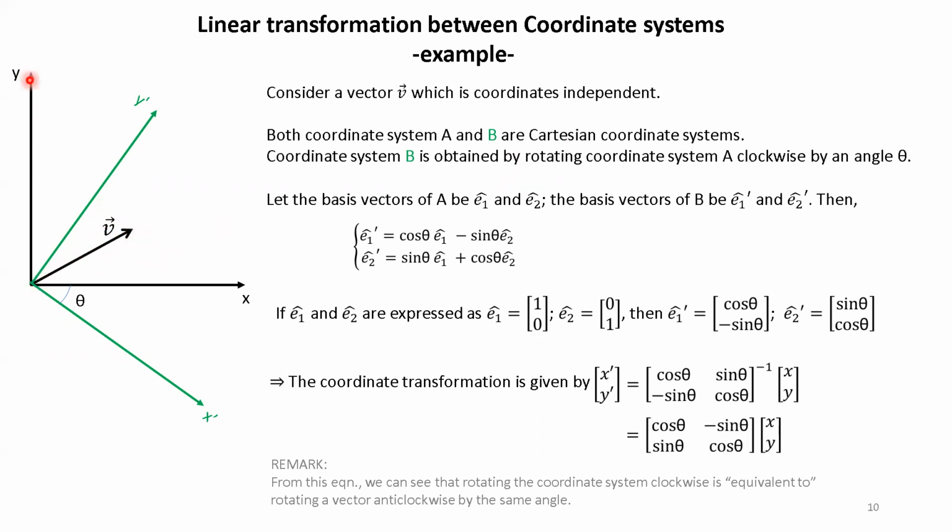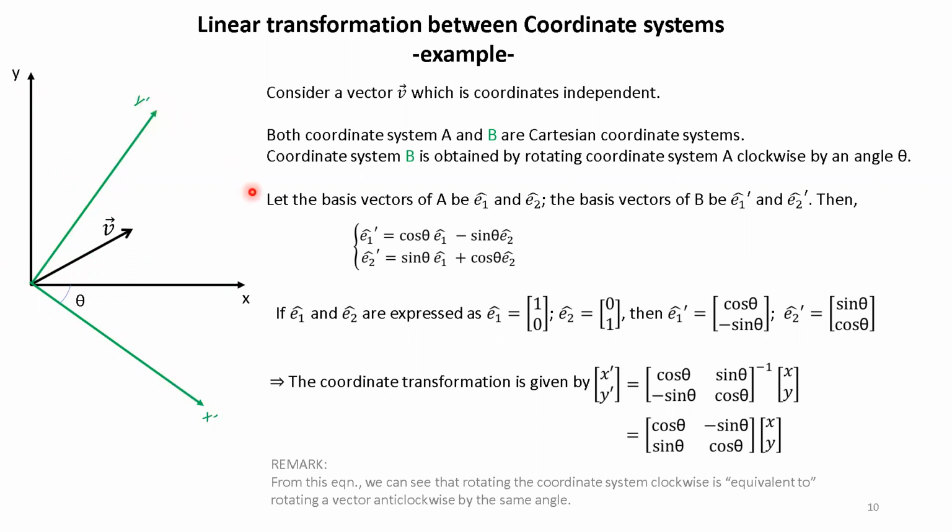This black x and y axis represents the original coordinate system, and then after a clockwise rotation, I get this coordinate system B, which is given by these x prime and y prime axes.